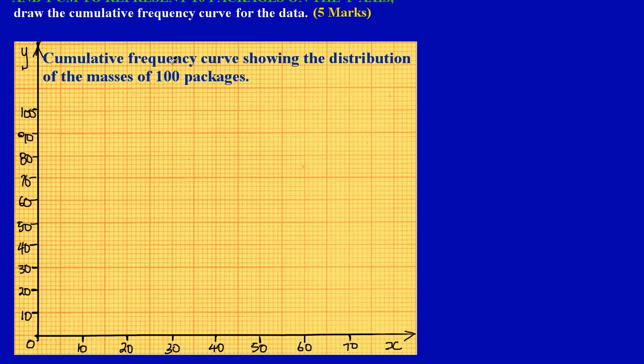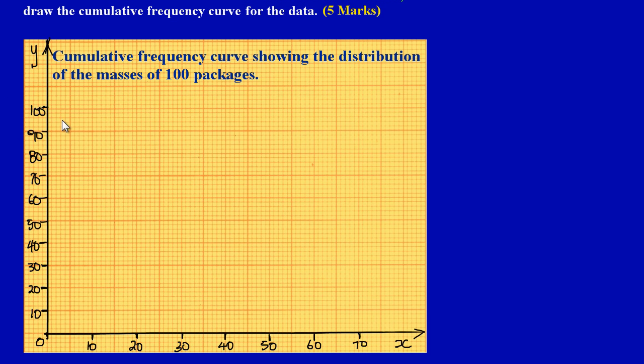It states cumulative frequency curve showing the distribution of the masses of 100 packages. So always ensure that each chart that you're drawing has a title. That's another important thing.